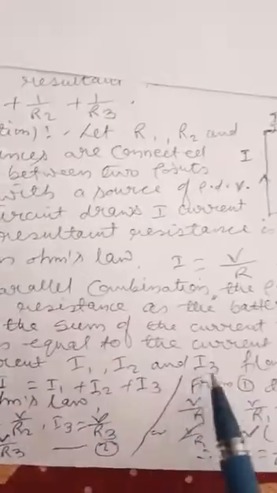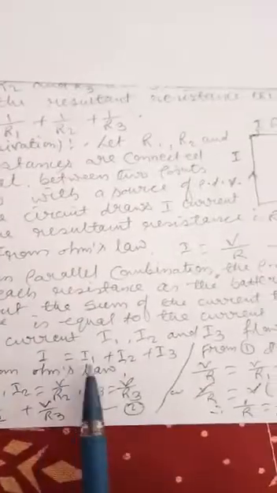Let currents I1, I2 and I3 flow through each resistance. I1 flows into R1, I2 flows into R2, and I3 flows into R3. So I is equal to I1 plus I2 plus I3.